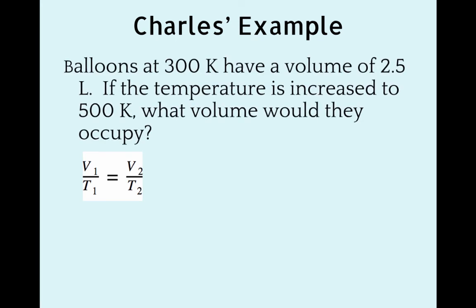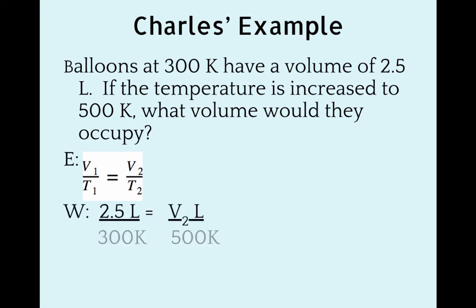So, Charles' law example. Balloons at 300 Kelvin have a volume of 2.5 liters. If the temperature is increased to 500 Kelvin, what volume would they occupy? Again, the equation that we want is V1 over T1 equals V2 over T2.